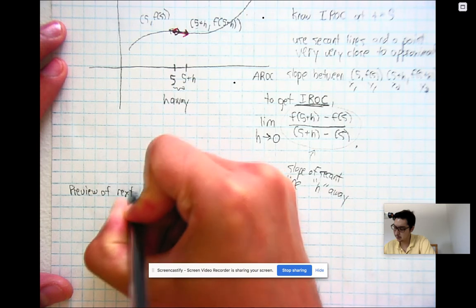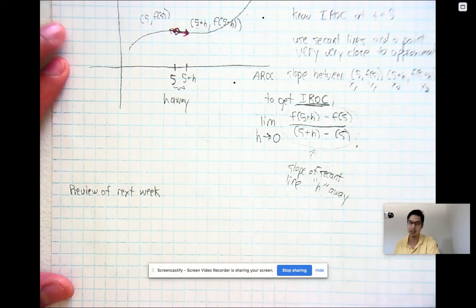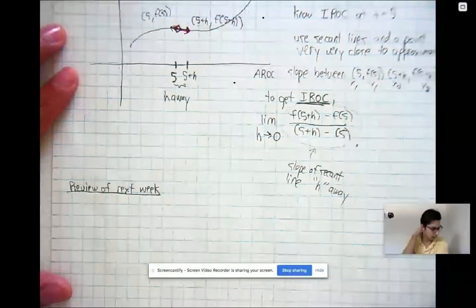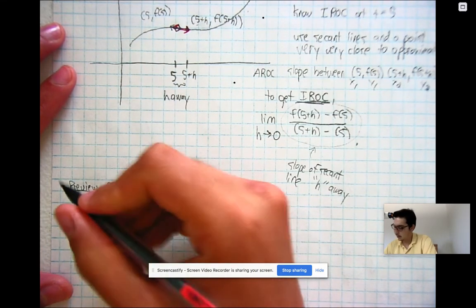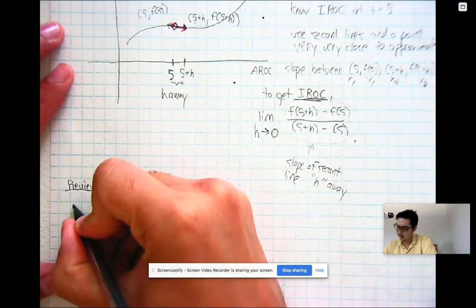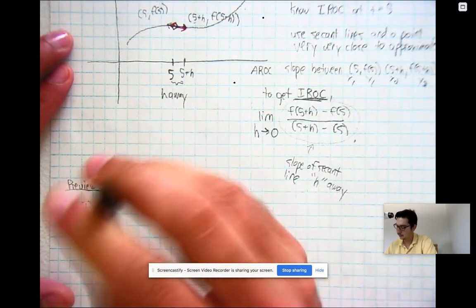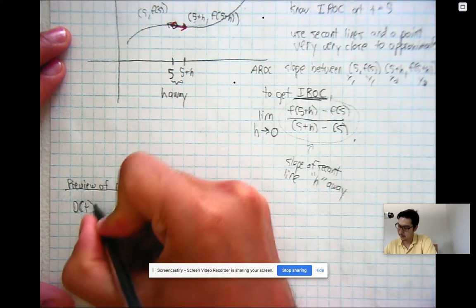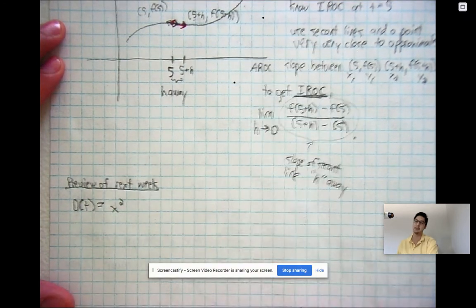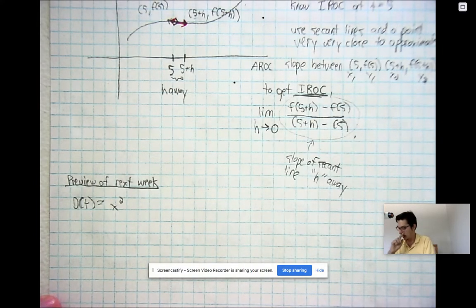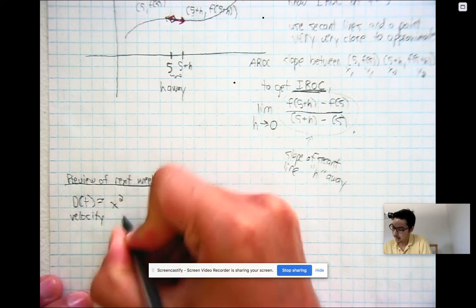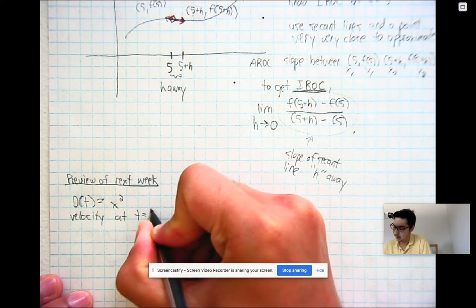Let me show you how this works in a problem, as this might clear things up. Say there's a distance function represented by x squared, and I want to find the velocity at t equals 2.